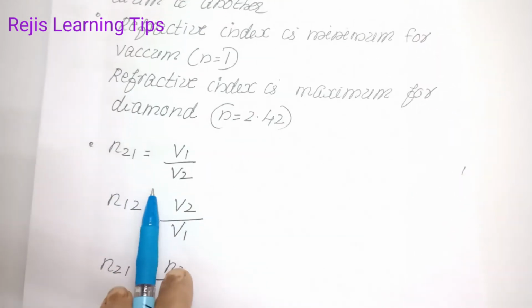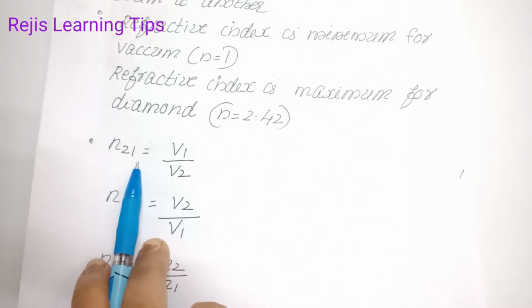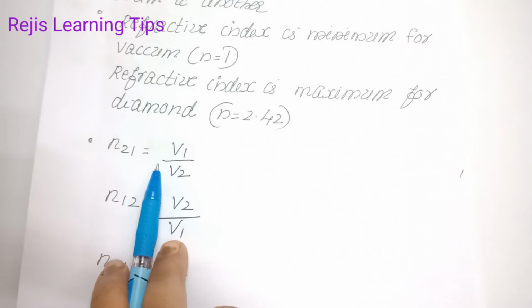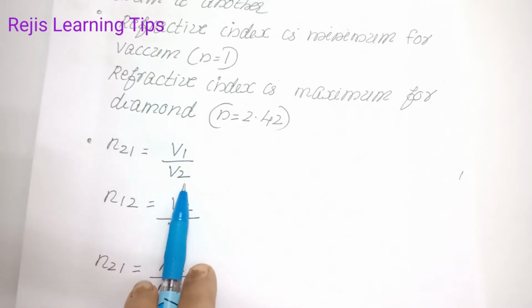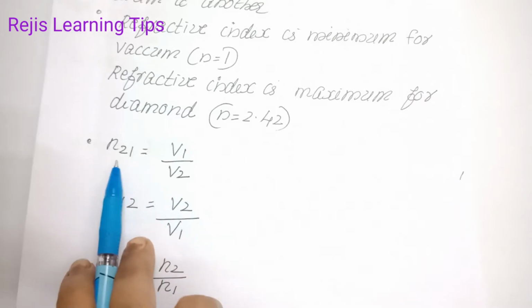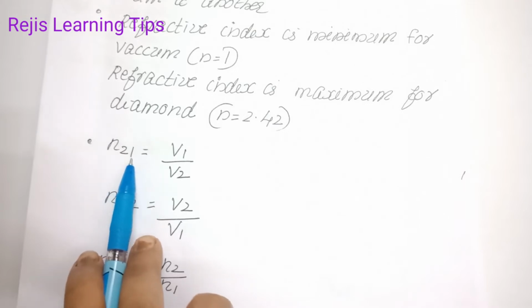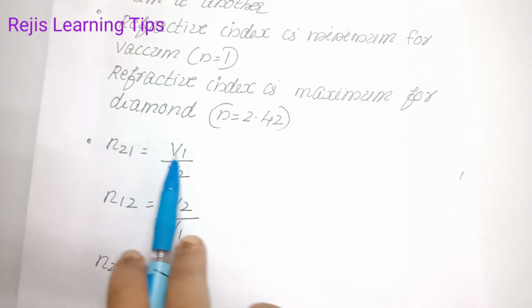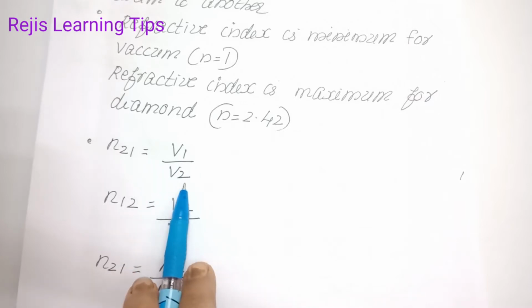The refractive index of medium 2 with respect to medium 1, n21, is equal to speed of light in medium 1 divided by speed of light in medium 2, that is v1 by v2.